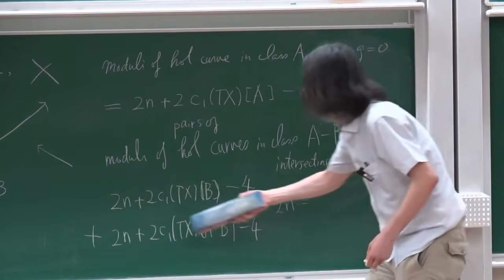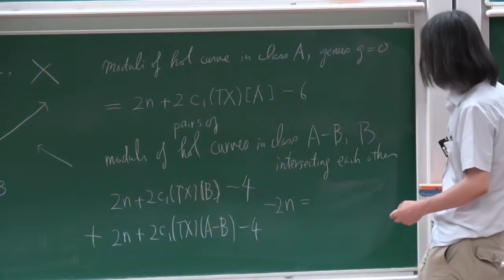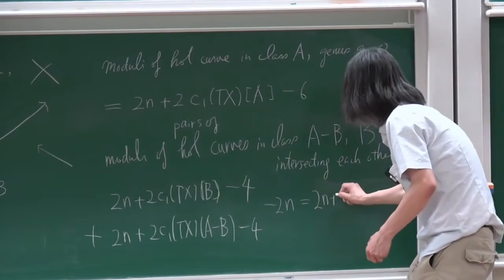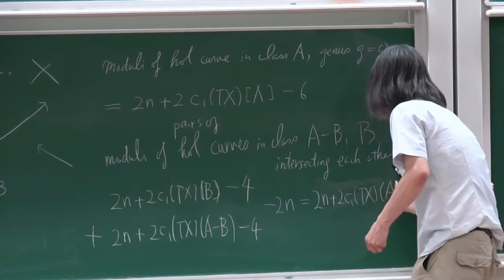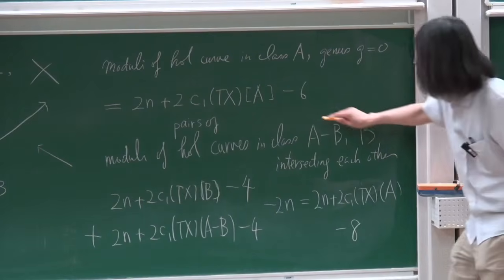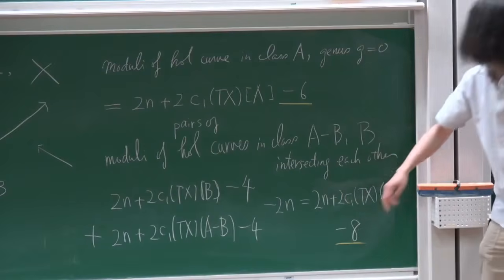So therefore, if you just have an expected dimension, this dimension decreases.